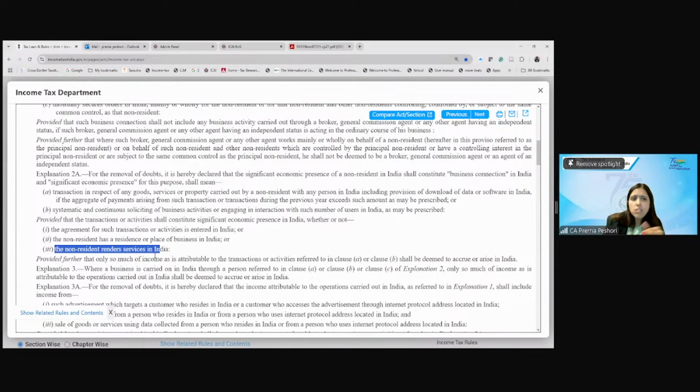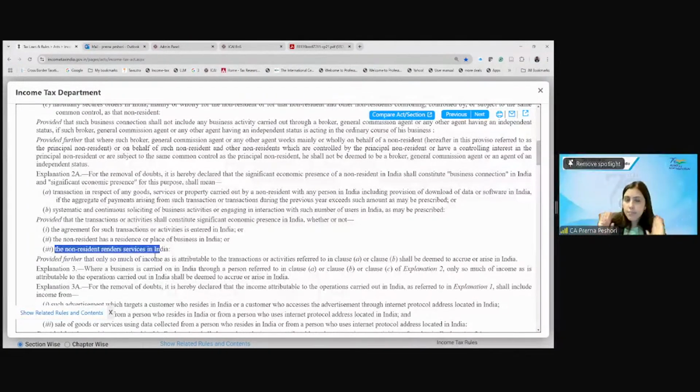So meaning it doesn't matter even if the agreements are not entered in India, even if the non-resident does not have a physical place of business in India, even if the non-resident is not coming here and rendering the services in India, irrespective of that, the SEP can be constituted if the non-resident has any transaction in respect of goods, services or property with the person in India, or it is engaged in the download of data or software, or it has the systematic and continuous soliciting of business activities, or it is engaging or interacting with the users in India, provided the thresholds are crossed.